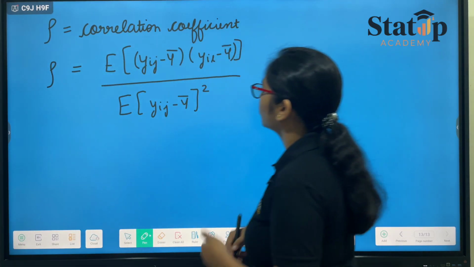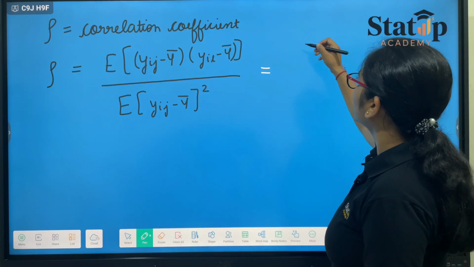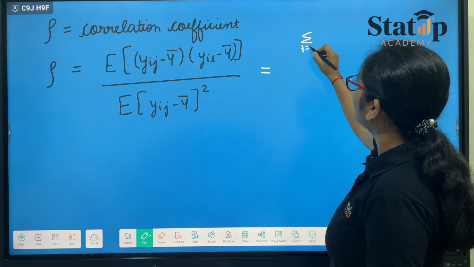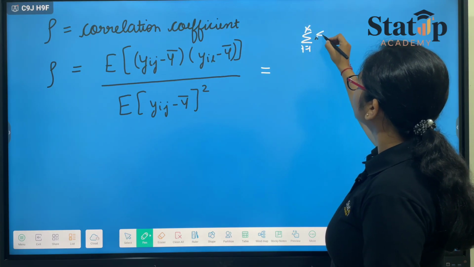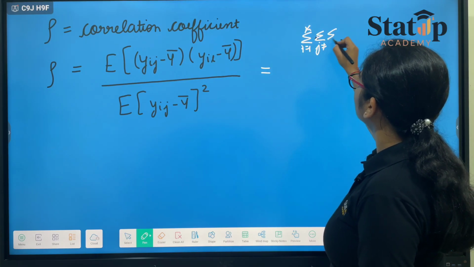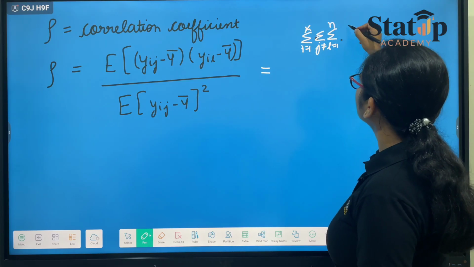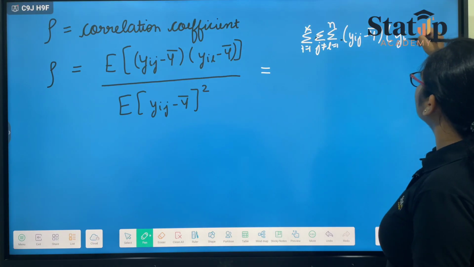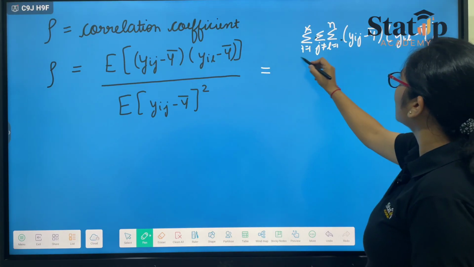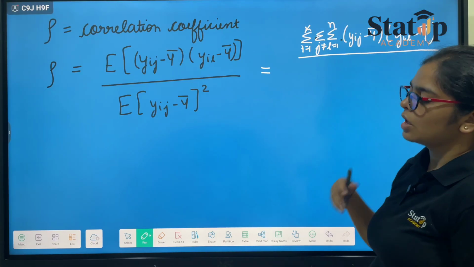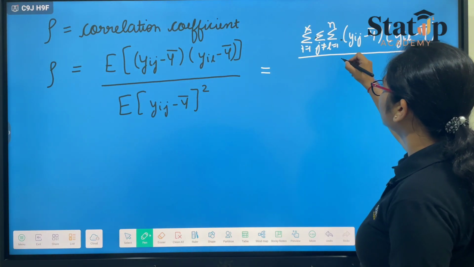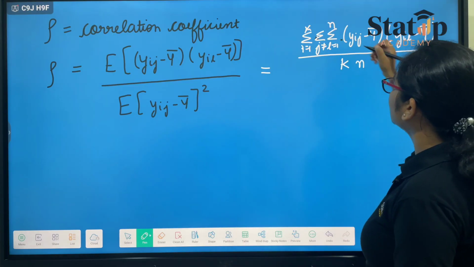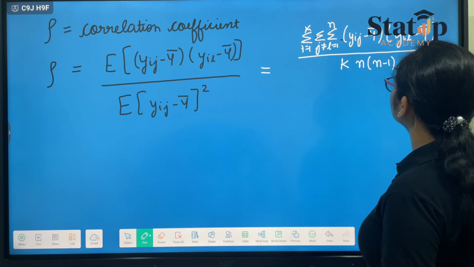This is the formula for rho. If we remove expectation, we will get summation i goes from 1 to k, summation j not equal to l goes from 1 to n, (yij minus y bar)(yil minus y bar) upon the probability. Probability for selecting ith term is k, for selecting jth term is n, and for selecting lth term is n minus 1.